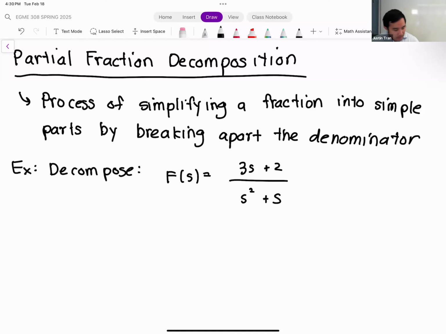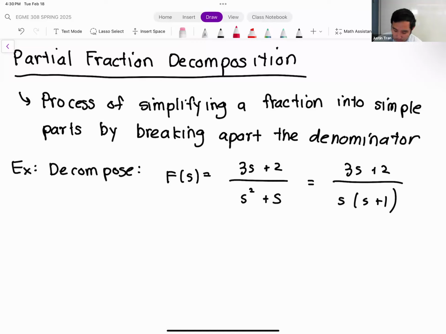The first thing I'm going to do is factor out s from both terms in the denominator. We have 3s plus 2 divided by s times s plus 1. By factoring that, we can see that we have two components in our denominator that are multiplied by each other.